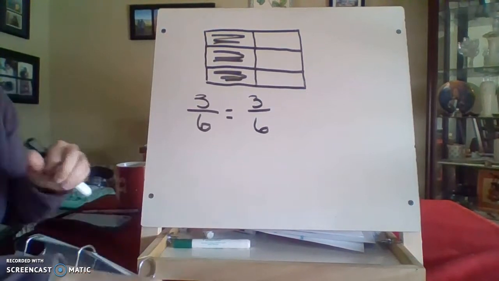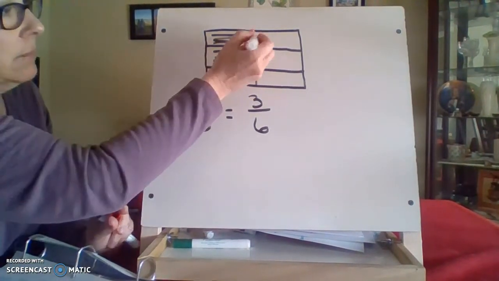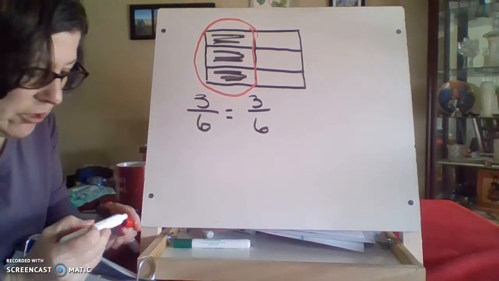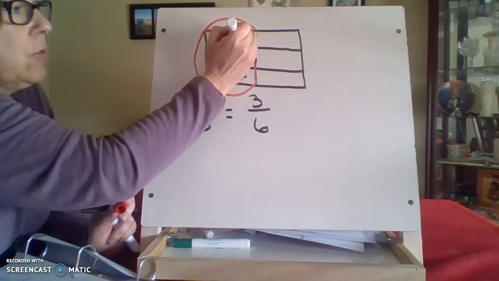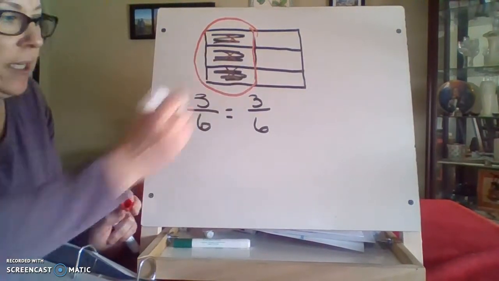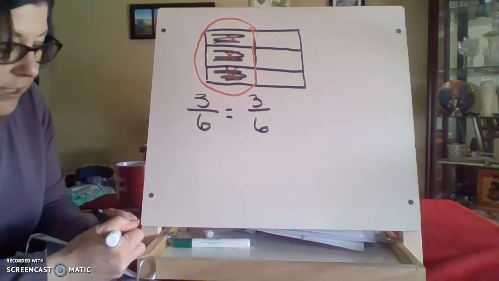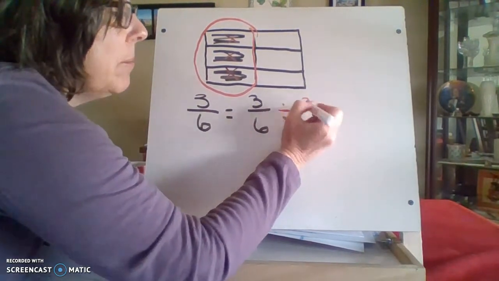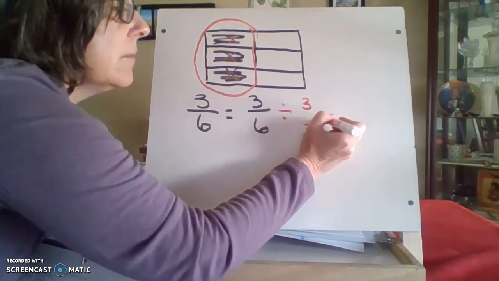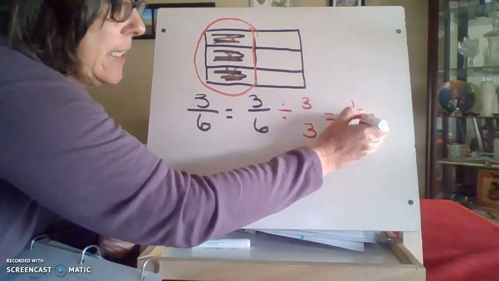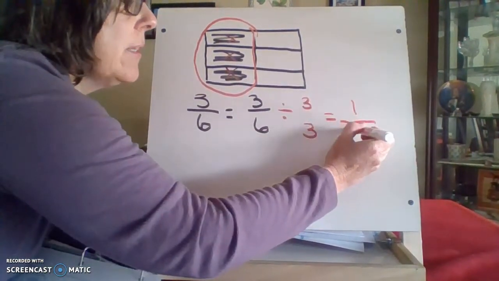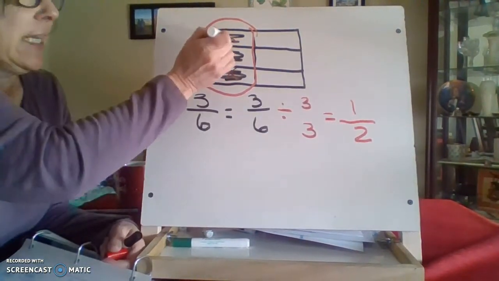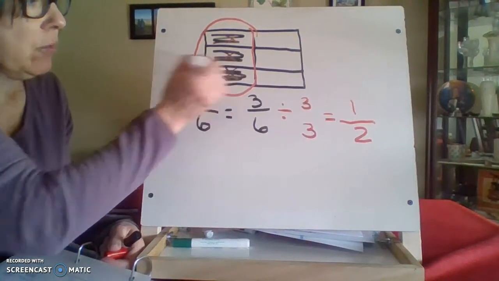Now, if I look at this, hopefully that looks familiar to you. I have 3 smaller parts. So what I'm going to do is divide by 3s. 3 divided by 3 is 1. 6 divided by 3 is 2. 3/6 is equal to 1/2.